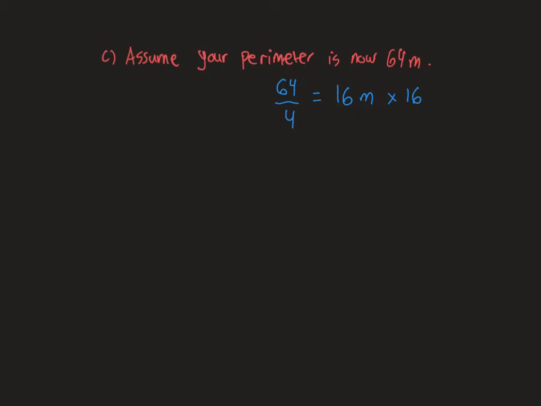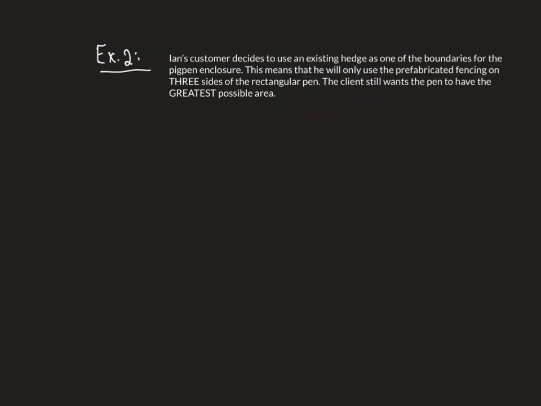So let's take a look at a new scenario. Let's take a look at this example, and you'll see that here Ian's customer decides to use an existing hedge. So he has an existing hedge here, let's say. And look at my amazing art skills. Yes, that's my hedge. For one of the boundaries of his pig pen enclosures.